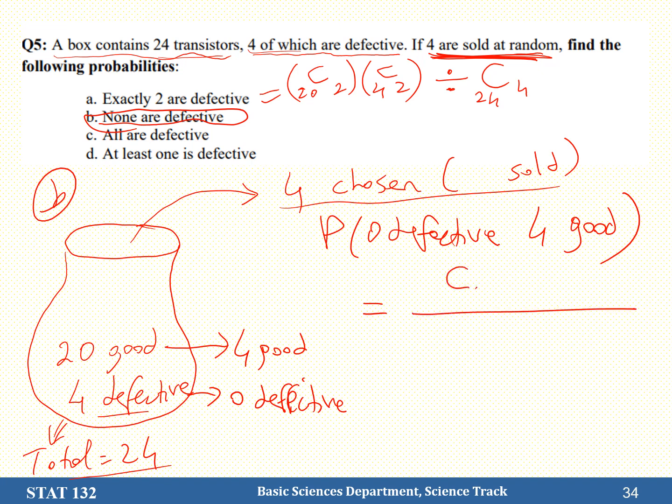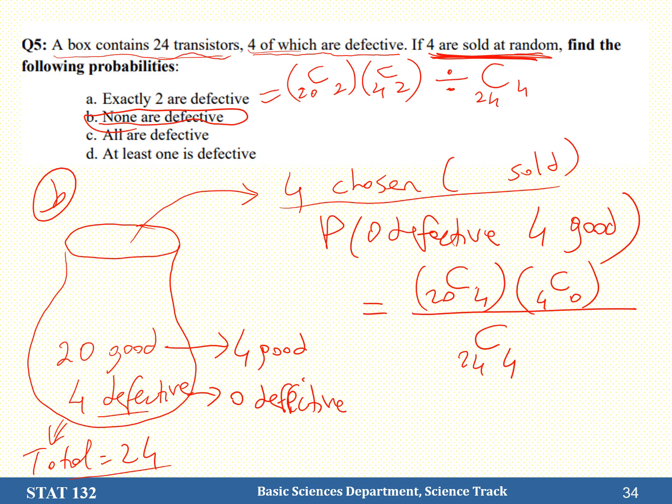20 choose 4 times 4 choose 0, divided by, again, all the ways of choosing 4 out of 24. So now it will be this.